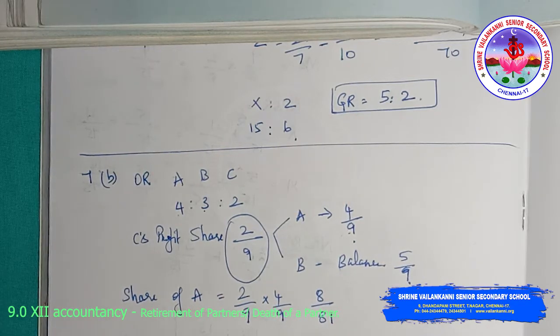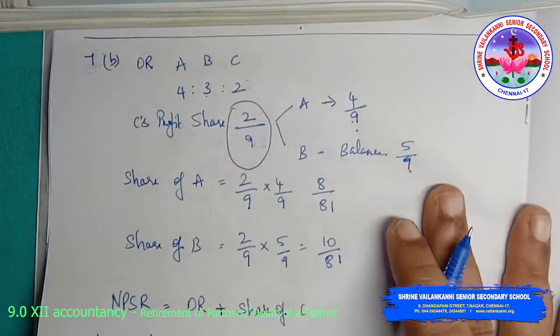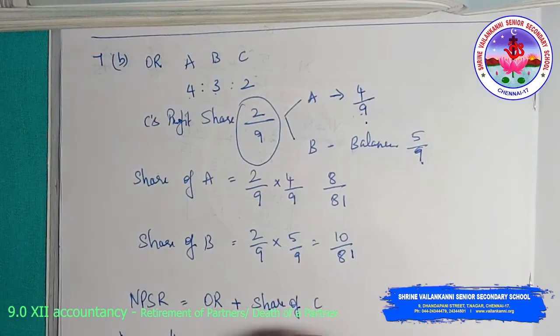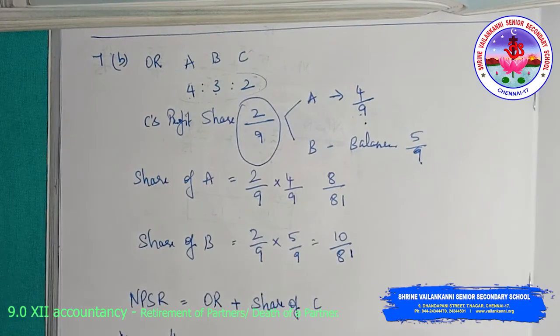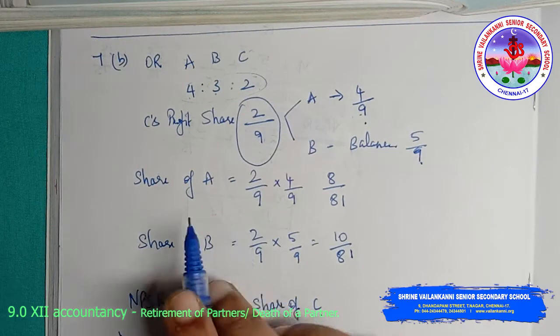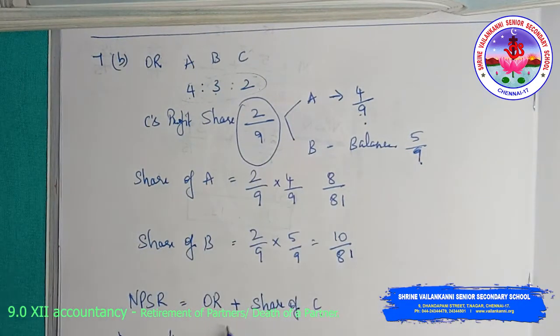New profit sharing ratio is old ratio plus share of C. So A's share: old profit sharing ratio is 4 by 9, plus share from C, A is getting 8 by 81.